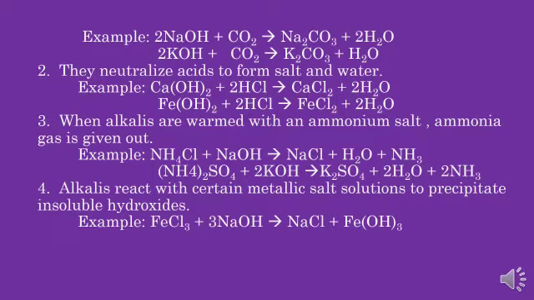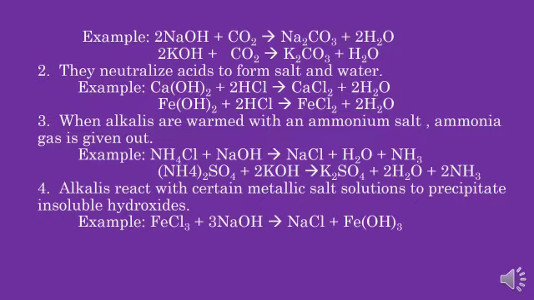Potassium hydroxide with carbon dioxide gas produces potassium carbonate and water. Bases neutralize acids to form salt and water. For example, calcium hydroxide with hydrochloric acid gives calcium chloride and water. Ferrous hydroxide with hydrochloric acid gives ferrous chloride and water.